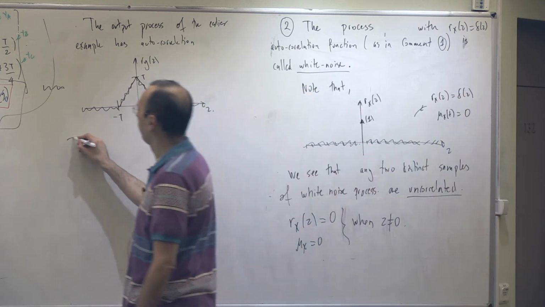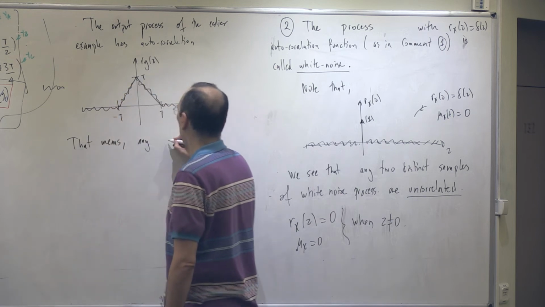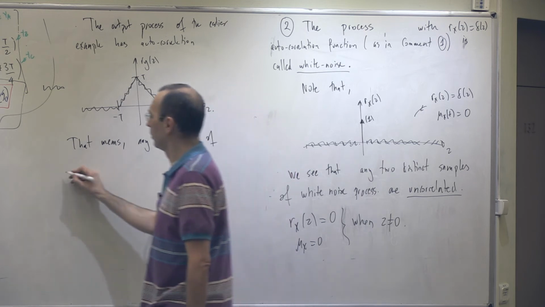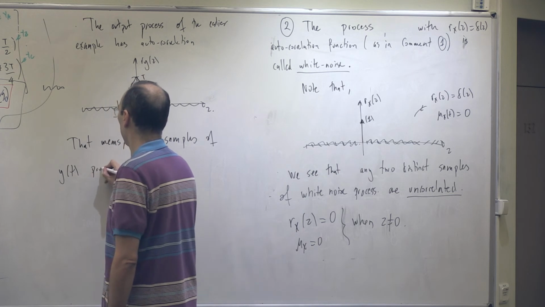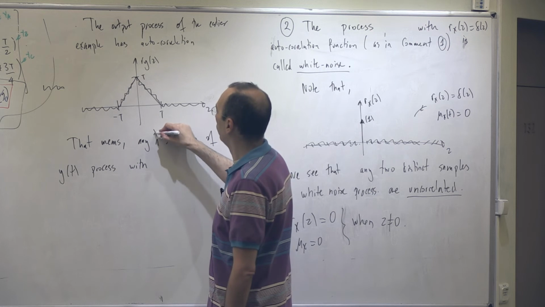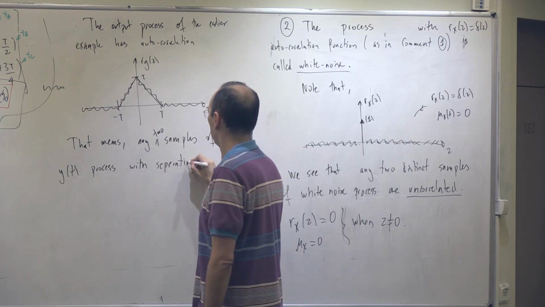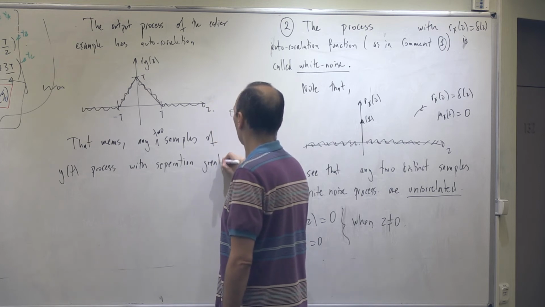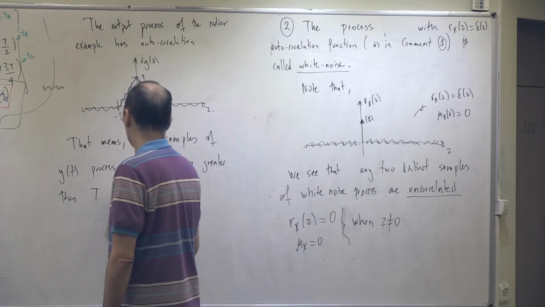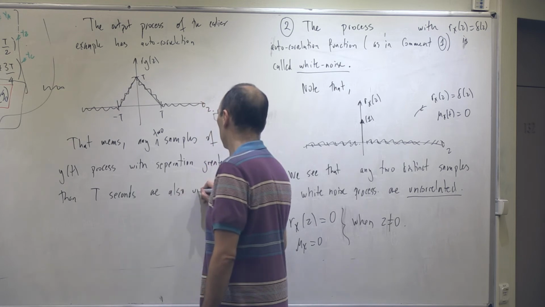That means that any two samples of y of t process with separation greater than t seconds are also uncorrelated.